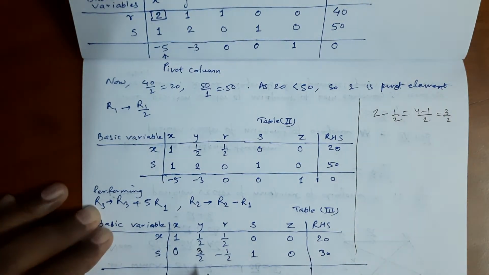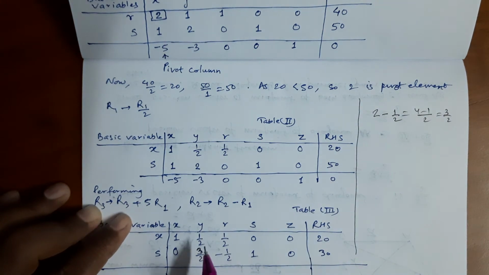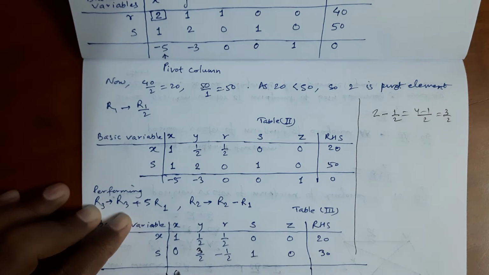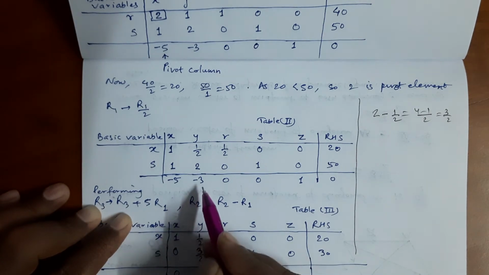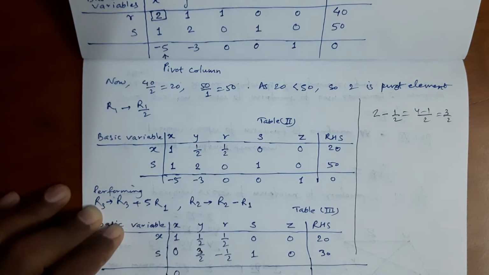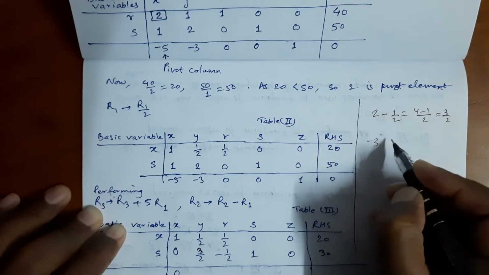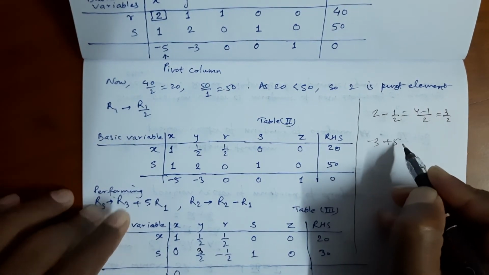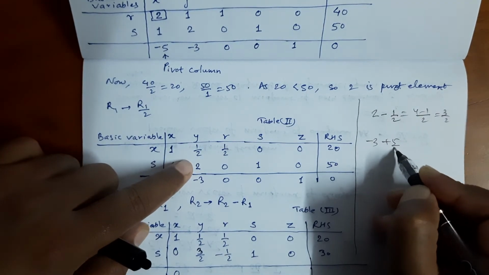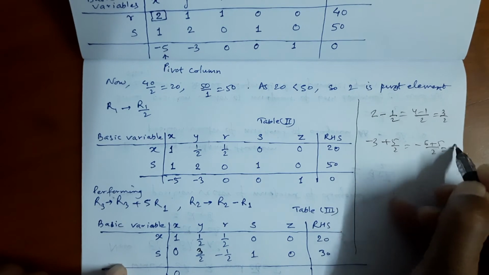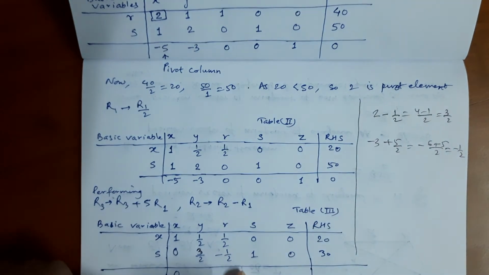And now R3 plus 5 R1. So minus 5 plus 5, here will be 0. Minus 3 plus 5 R1, that is 5 times 1 over 2, 5 over 2. Minus 6 plus 5 over 2, that will be minus 1 over 2.